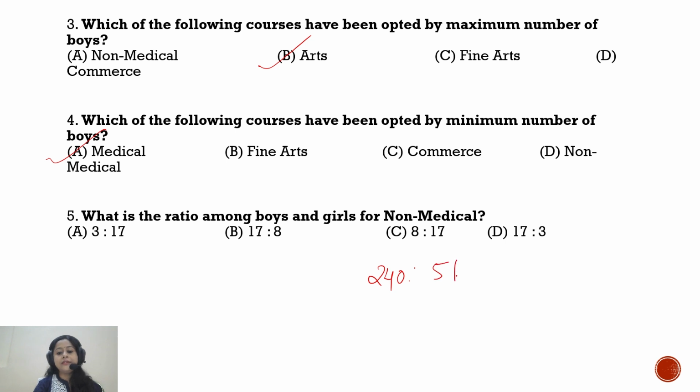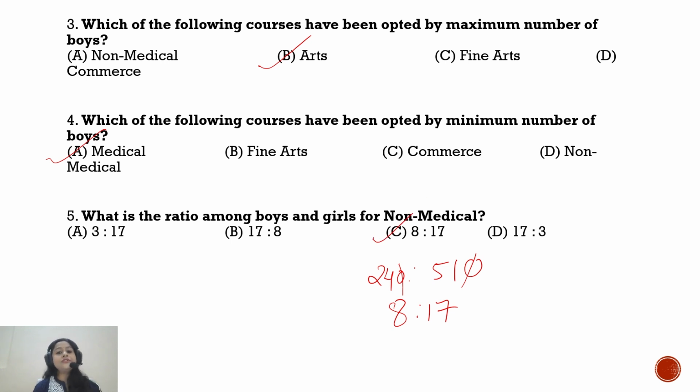If you divide both sides by 3, you will get 8 to 17. You have to simplify the ratio. So 8 to 17 will be your ratio, and your option will be C.